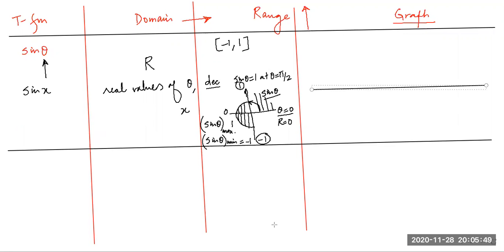On the x-axis we plan to take theta. Now, what are the values of theta, domain or range? Values of theta are domain. So domain we have taken on the x-axis and the range we have taken on the y-axis.